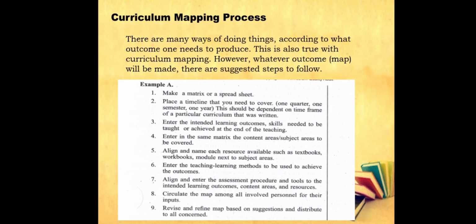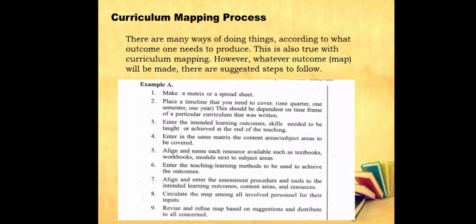3. Enter the intended learning outcomes, skills needed to be taught or achieved at the end of the teaching. 4. Enter in the same matrix the content areas or subject areas to be covered. 5. Align and name each resource available such as textbooks, workbooks, modules next to the subject areas. 6.